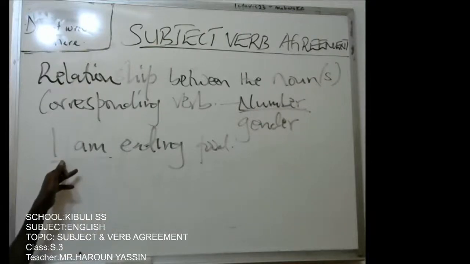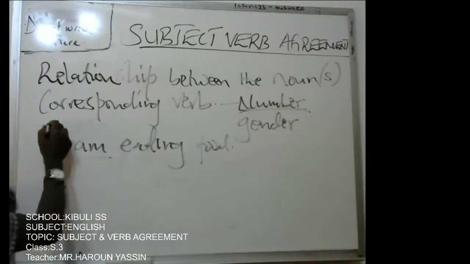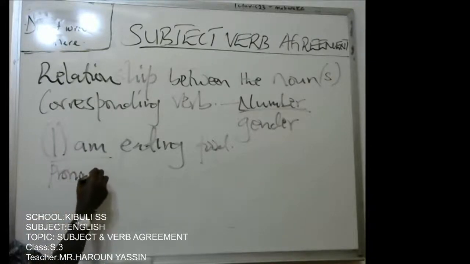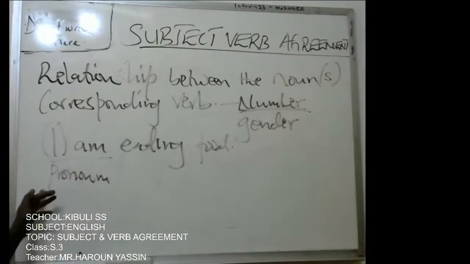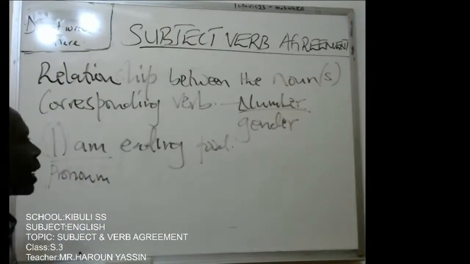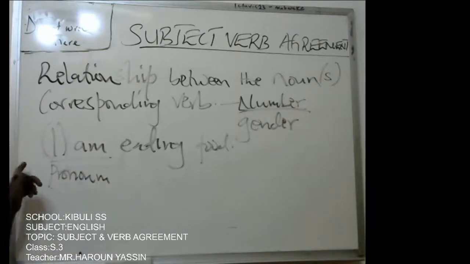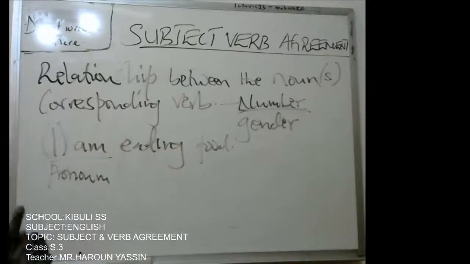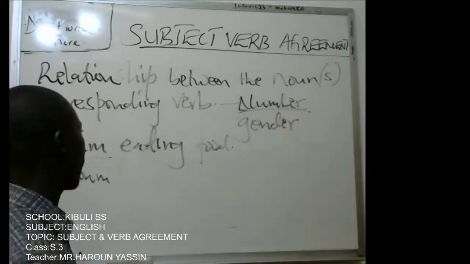We only have I, which is a pronoun, and this I here is representing the subject. We have got only one subject in this sentence. But a challenge is going to come where you have more than one noun in a sentence.